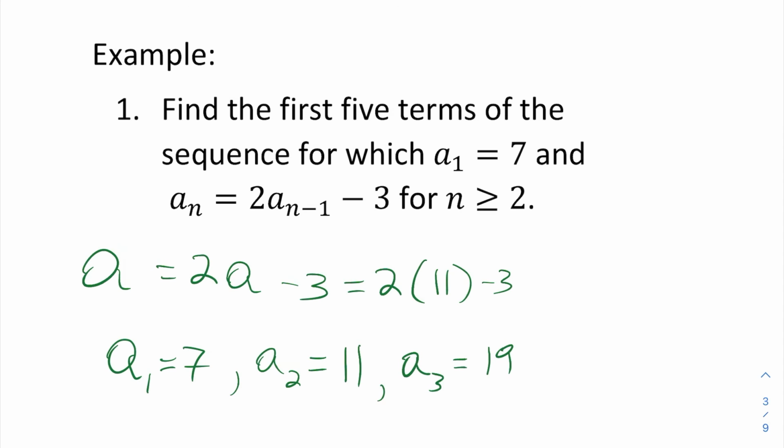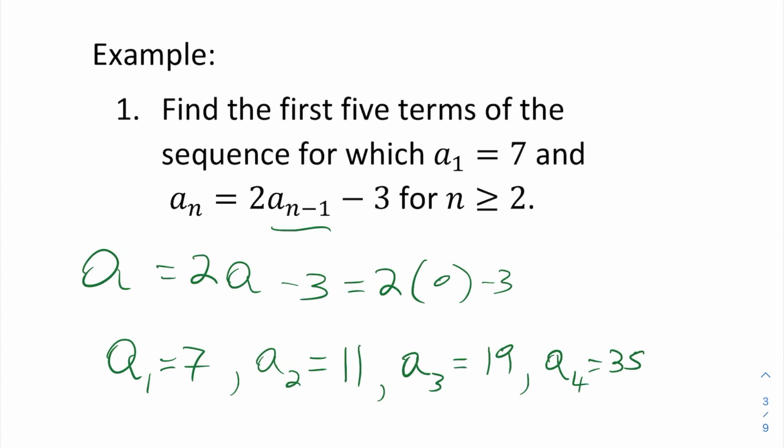A4 is 2 times a3 minus 3. Well, 2 times a3 would be 2 times 19 minus 3. 2 times 19 is 38. 38 minus 3 gives me that a4 is 35. And then the last one that they asked us for, a5.